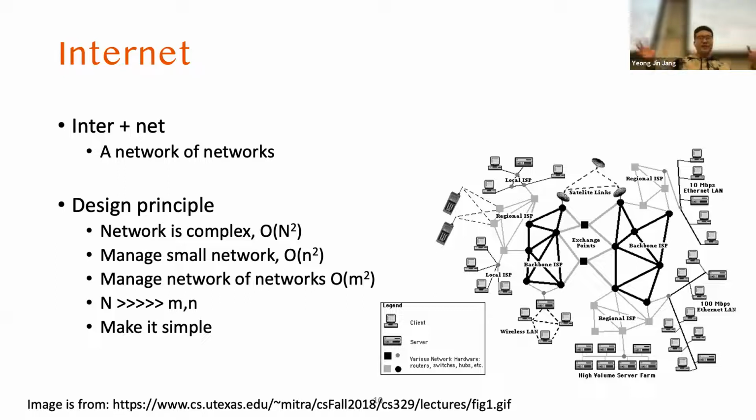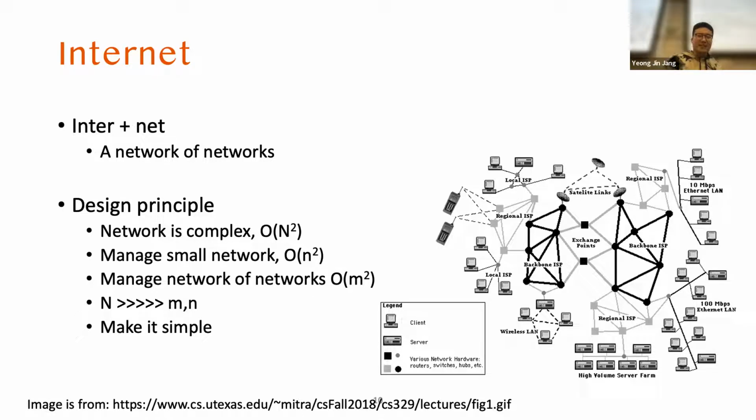So the design principle of the internet is to create a small local network, small enough that it can be managed as N squared, and then create another layer, a network of networks, that will have a small number, for example 100 or 256 as N, again with N squared. Then it will have another tier, managing that network again and again.